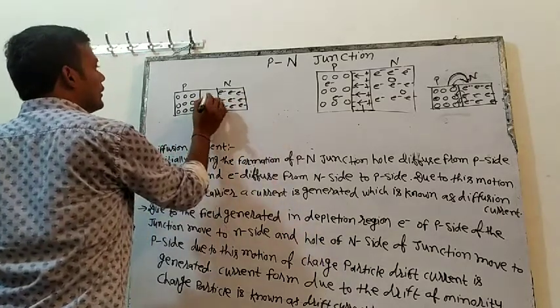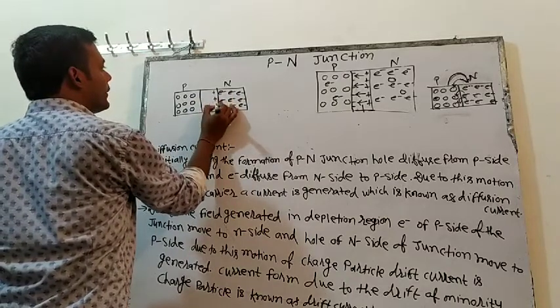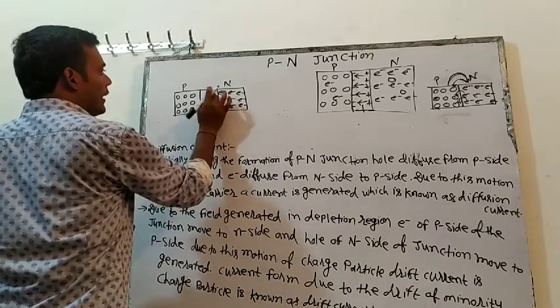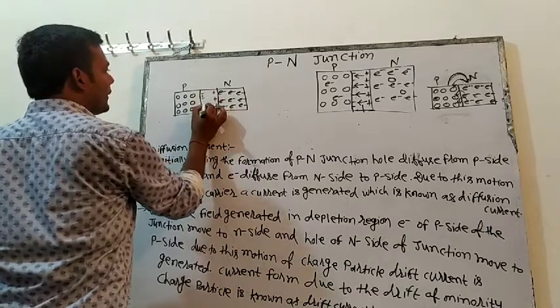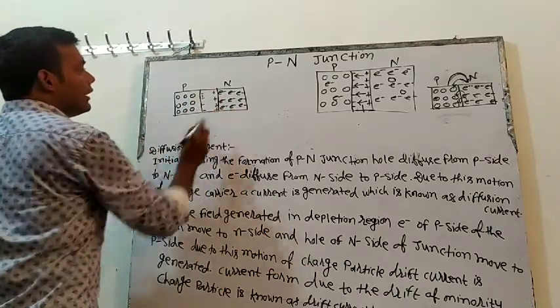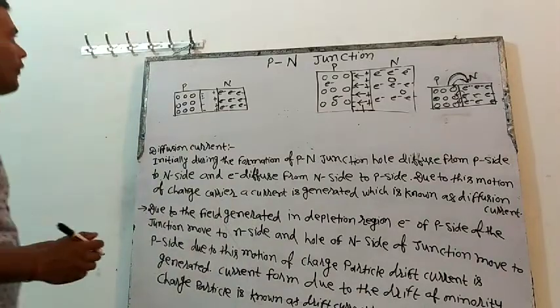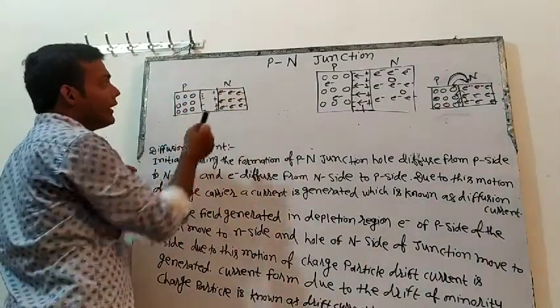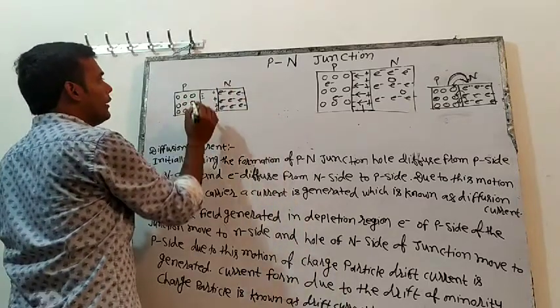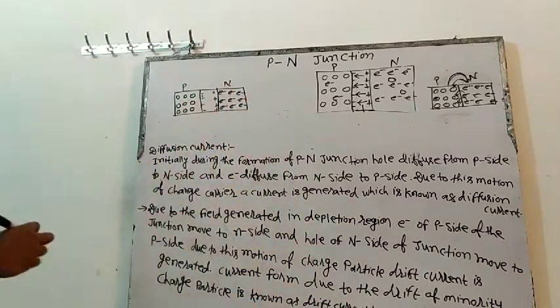Near negative there will be positive, and near positive there will be negative, right? Is it clear? And what will happen? Hole will move from P to N and electron will move from N to P. So if I ask you, what is the direction of movement of hole?